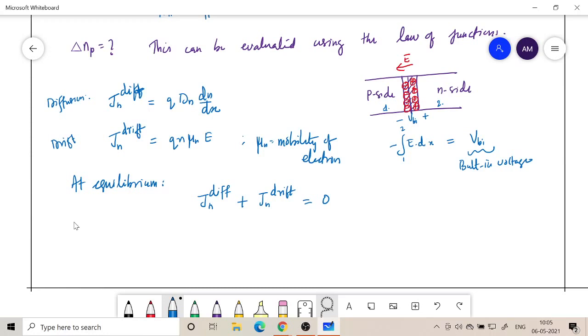Because of the movement of these electrons, a potential is built up at the depletion region, and that electric field creates a new current, because any charge in an electric field will be drifted by it. So the cause of drift current is the electric field, and the cause of diffusion current is the concentration gradient. When you add these two currents at equilibrium, they have to become 0.